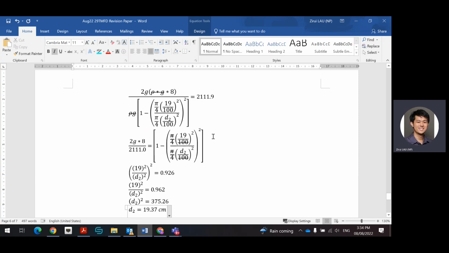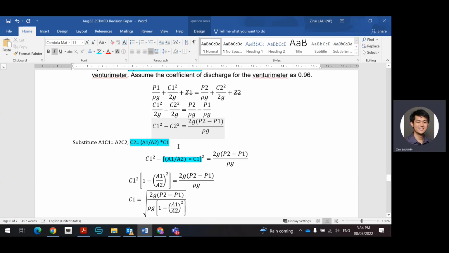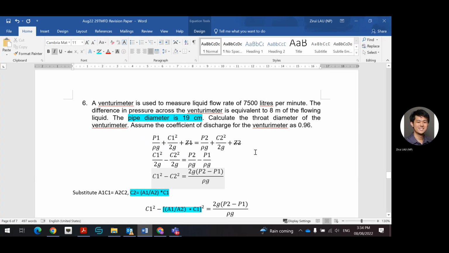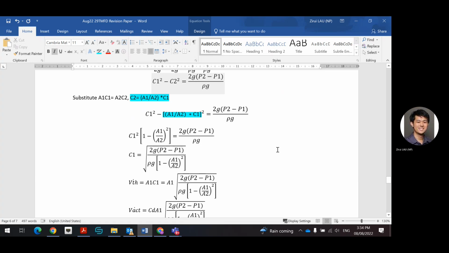I put 19.37, I got 19.2. But the answer doesn't look correct. The throat, how can it be 19.37? The throat should be smaller than the pipe. So a bit funny. Let me see. The equation should be correct.